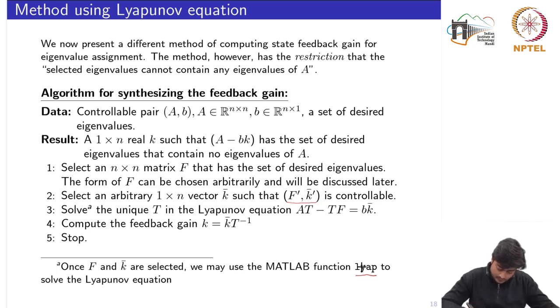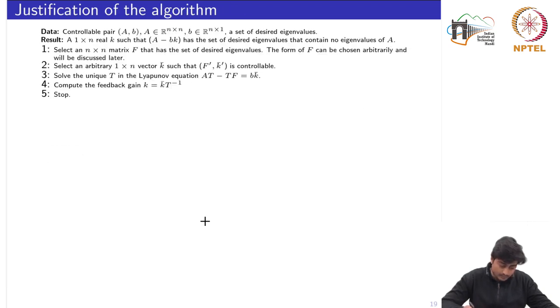Okay. And once this k bar matrix or k bar vector is selected, we can solve this Lyapunov equation for T, and after putting T here we would obtain the state feedback vector. So how do we make sure that whatever k we have computed is going to yield the set of desired eigenvalues?